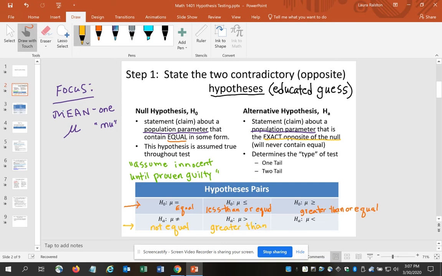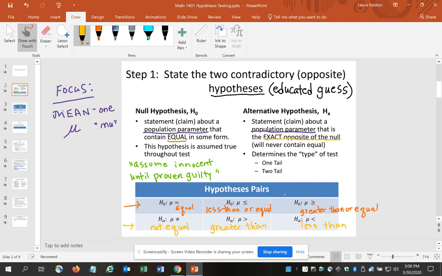And then finally, the opposite of greater than or equal is less than. And these are always paired in this manner because the null hypothesis and the alternative hypothesis are inverses of each other. So equal will always pair with not equal. Less than or equal will always pair with greater than. Greater than or equal will always pair with less than.